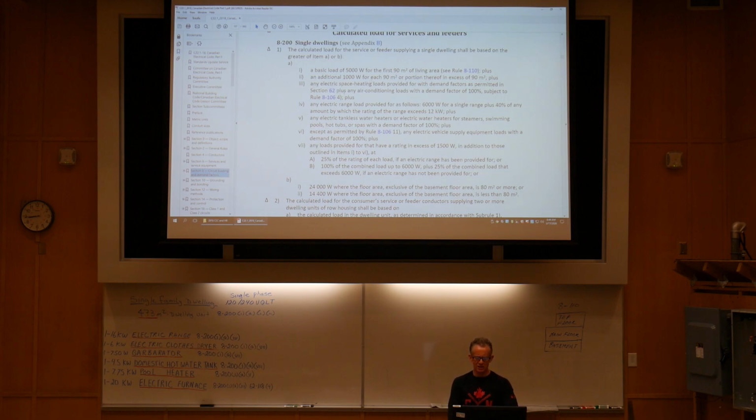Any electric space heating loads provided for with demand factors as permitted in section 62, plus any air conditioning loads with a demand factor of 100% subject to Rule 8-106 sub-Rule 4. Our heating rules reside in section 62.